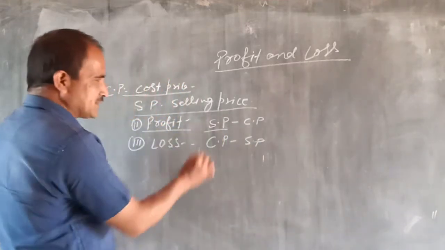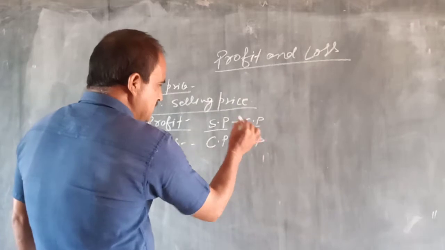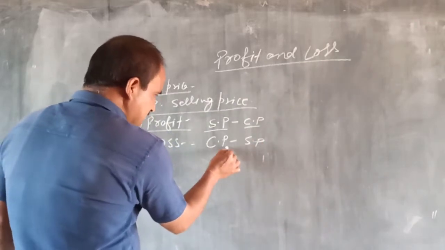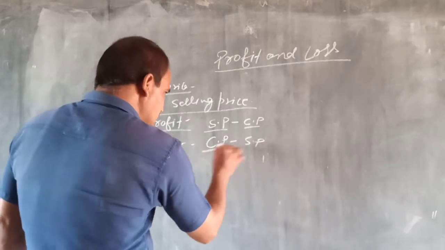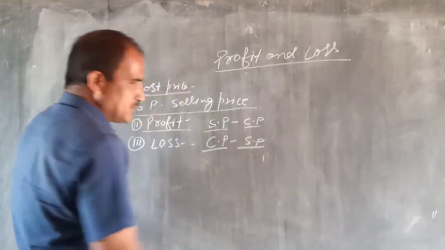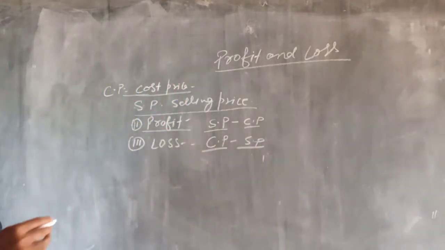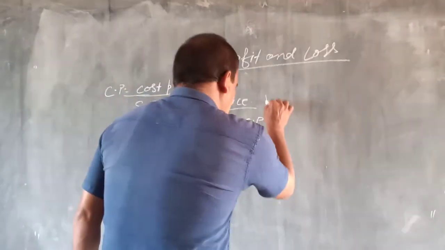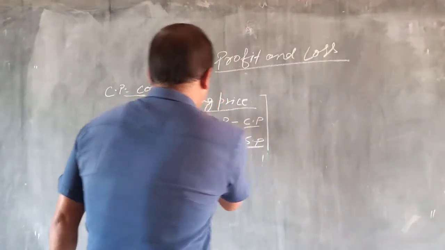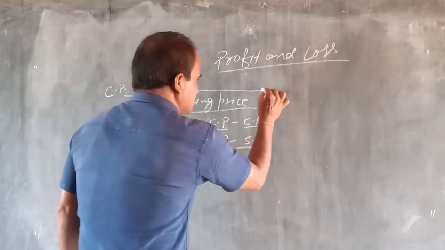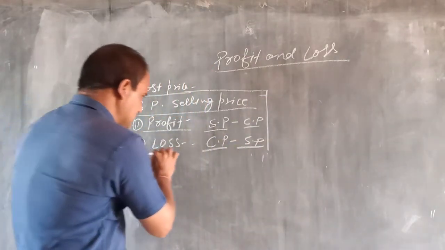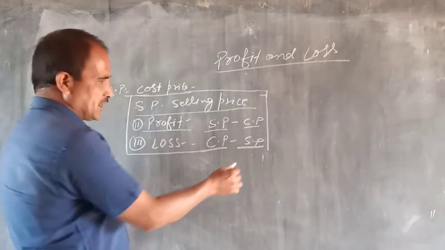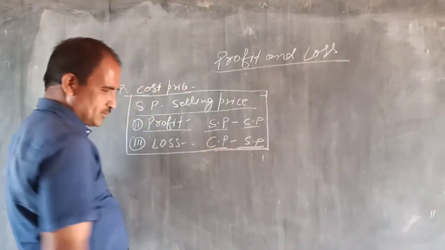SP means selling price and CP means cost price. How do you find the profit of any amount that you have sold and bought?